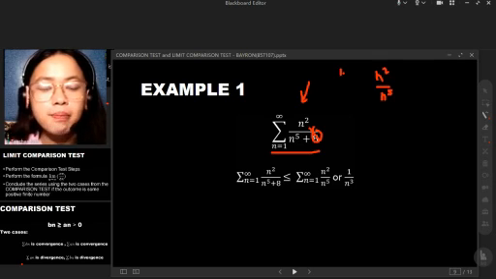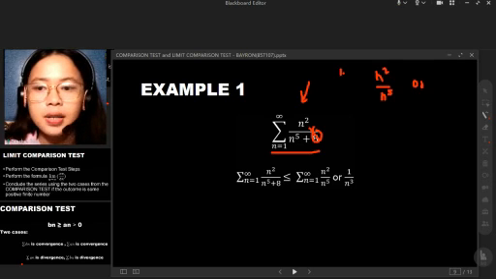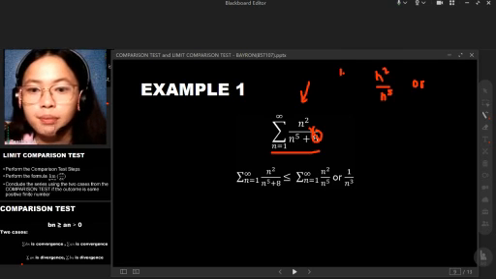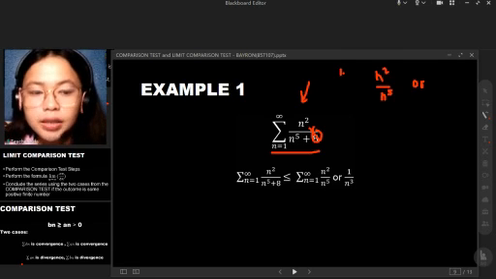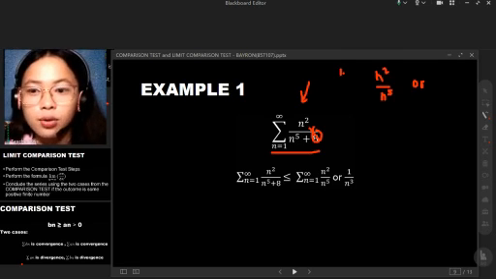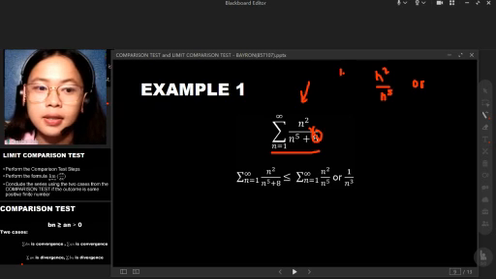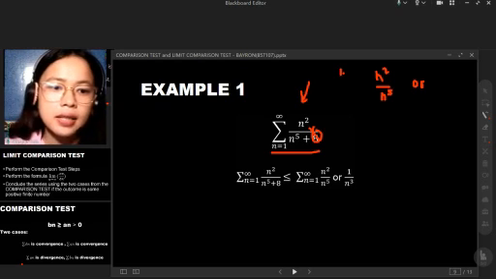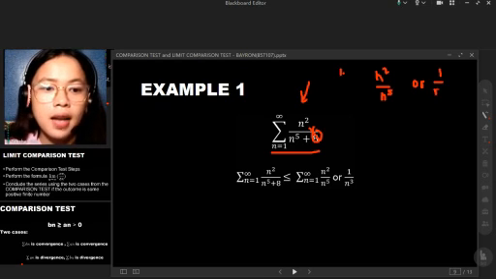They have the same n but different exponent. So we can just have 1 over n raised to the power of 3.